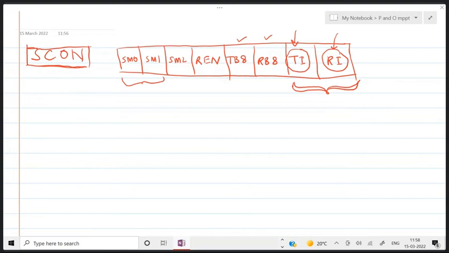Then this is the REN bit. It is basically enable/disable reception. If you are interested in receiving data, that means you want the microcontroller 8051 to act as a receiver, then you have to make this bit 1.